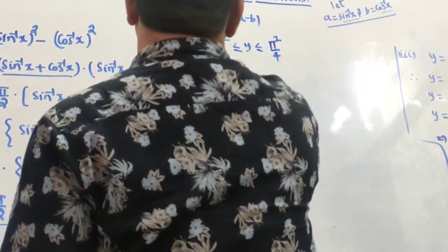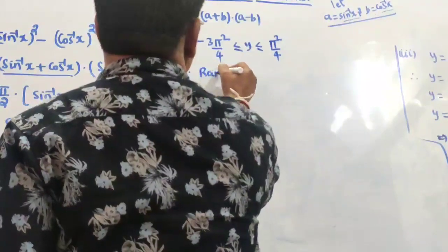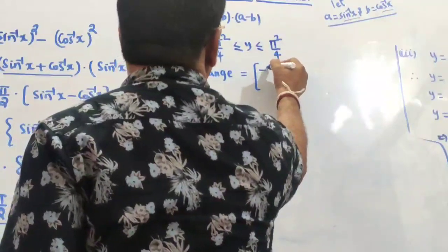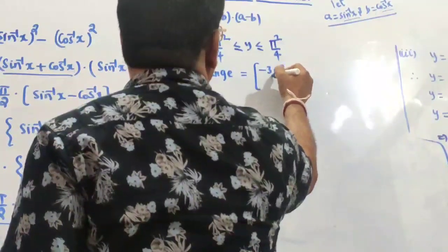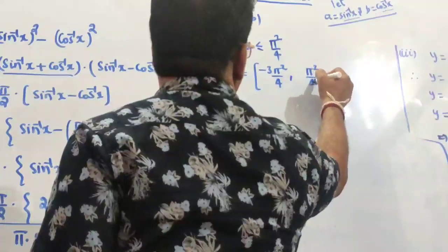So therefore the range of this function is the closed interval minus 3 pi square by 4 comma pi square by 4.